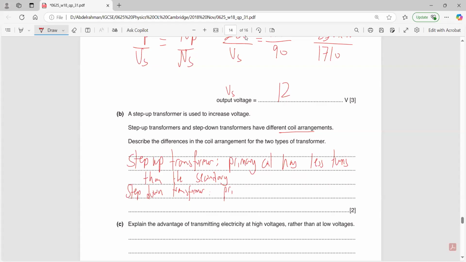The primary coil has more turns than the secondary. That's all you need to say for this question.